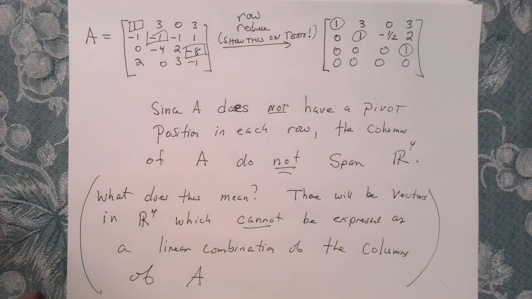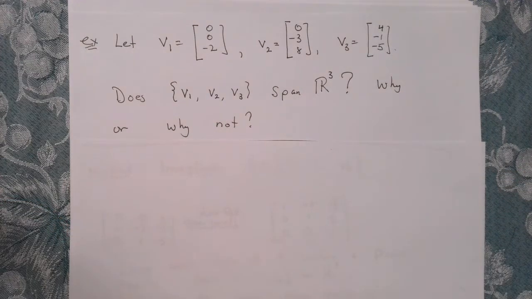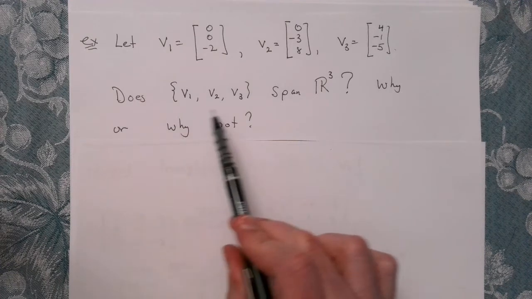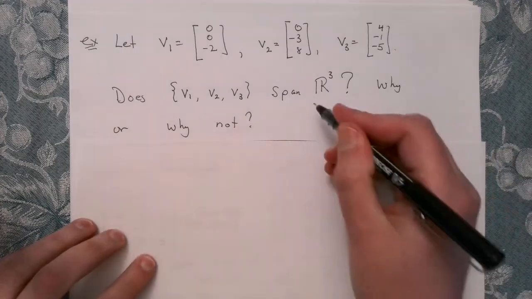Okay, so let's do another question, another question revolving around span. Here I've got 3 column vectors from R^3, and the question is, does this set span R^3? What does that mean if a set spans R^3?